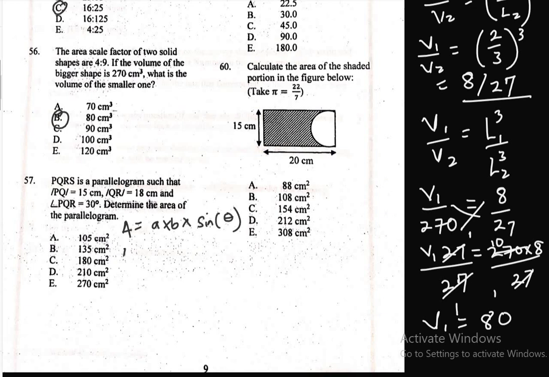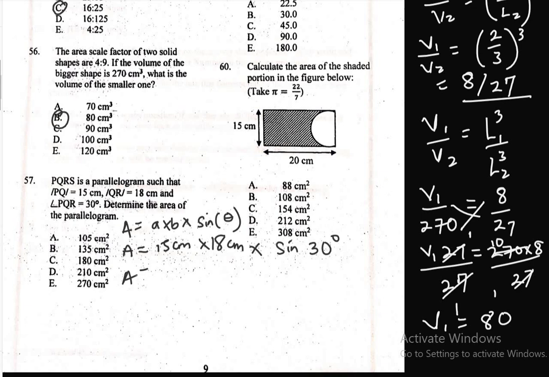So the A is PQ, 15 centimeters. The B is 18 centimeters. And the angle is 30, so we have sine 30 degrees.